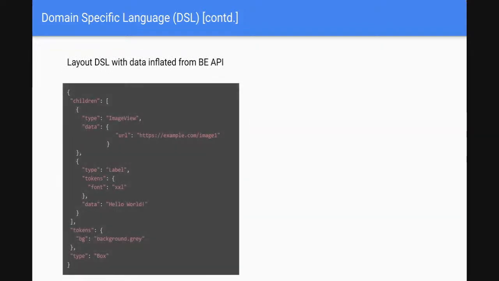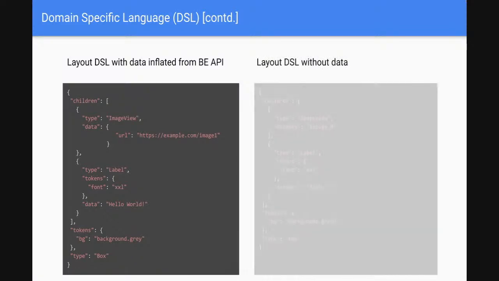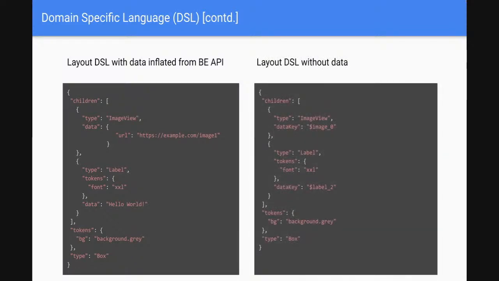So now, while creating the structure of the DSL, we had one major design choice that we had to take, which was creating the layout DSL with data filled in, inflated from the backend API, versus keeping the layout totally separate from the data. So these are the two approaches.